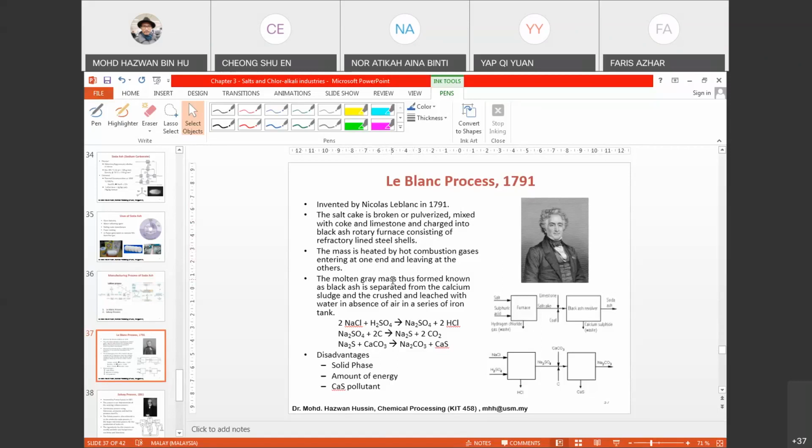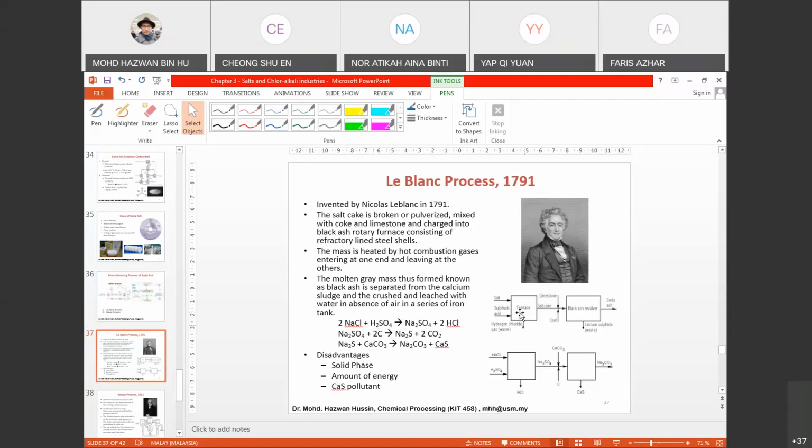The mass is heated by hot combustion gases entering at one end and leaving at the other. The molten gray mass thus formed, known as black ash, is separated from the calcium sludge and then crushed and leached with water in the absence of air in a series of iron tanks, right?